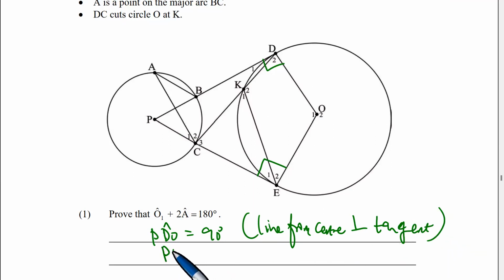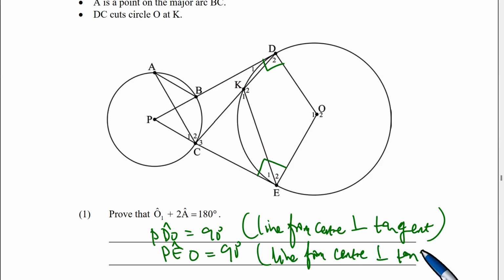And then PEO is also 90 degrees, because of the line from center perpendicular to tangent.